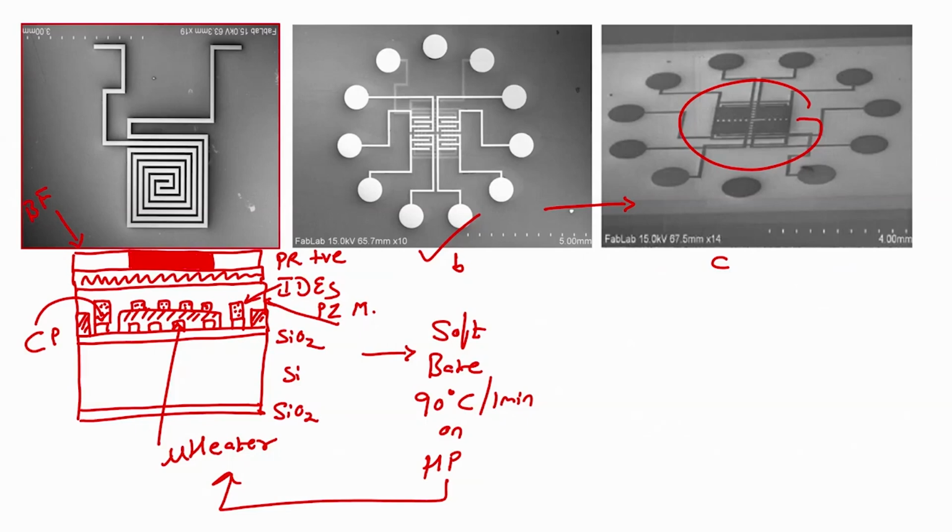The next step is to perform a UV exposure, right. After UV exposure, you will unload the mask and then perform photoresist developing, or dip the wafer in photoresist developer.